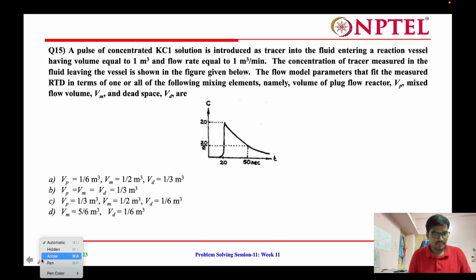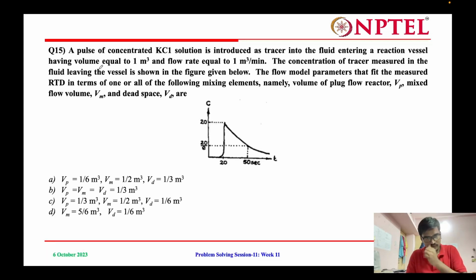Question number 15. A pulse of concentrated KCl solution is introduced as a tracer into the fluid entering a reaction vessel having volume equal to 1 meter cube and flow rate equal to 1 meter cube per minute. The concentration of tracer measured in the fluid leaving the vessel is shown in the figure given below.